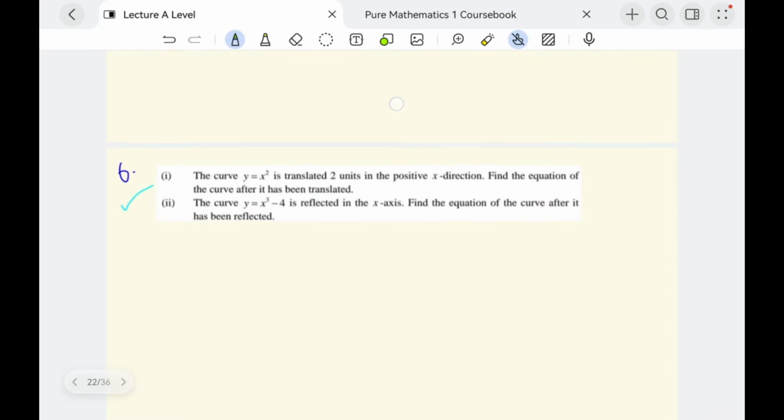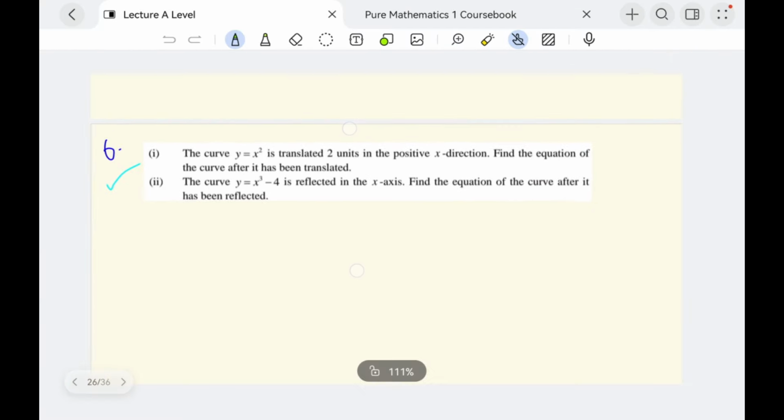So let's jump to question 6. Okay, question 6. The curve y equals x squared is translated 2 units in the positive x direction. Find the equation of the curve after it has been translated.